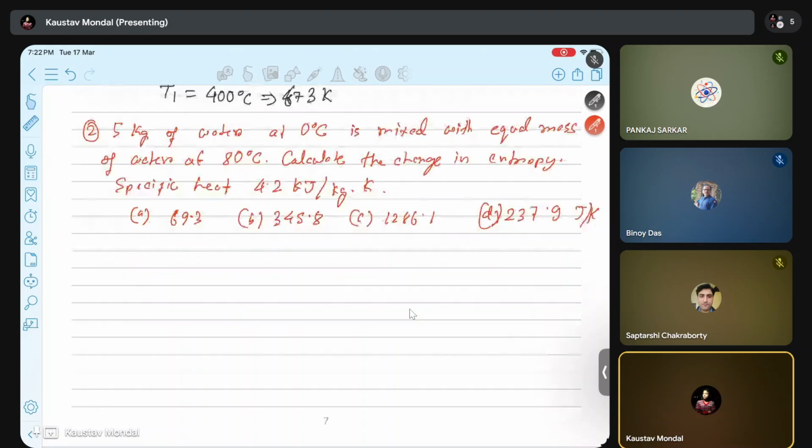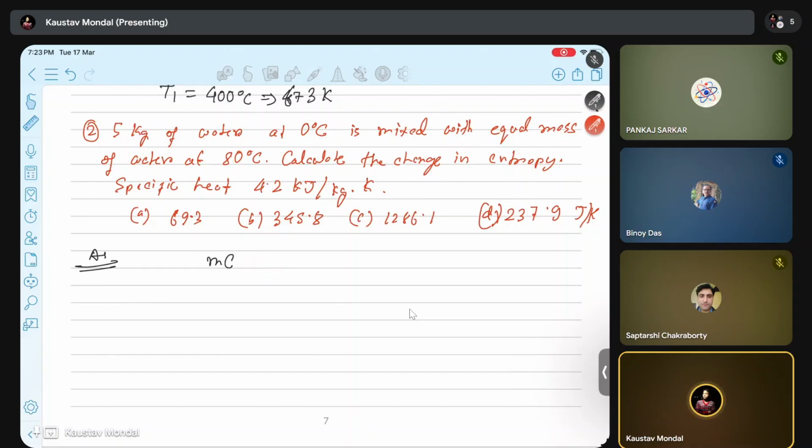So first, what happens is that the water at 0 degree centigrade is mixed with the water at 80 degree centigrade. In that case, what would be the temperature of the mixed water, the final temperature? We know the relation, right? So from 0 degree, the water will increase its temperature.